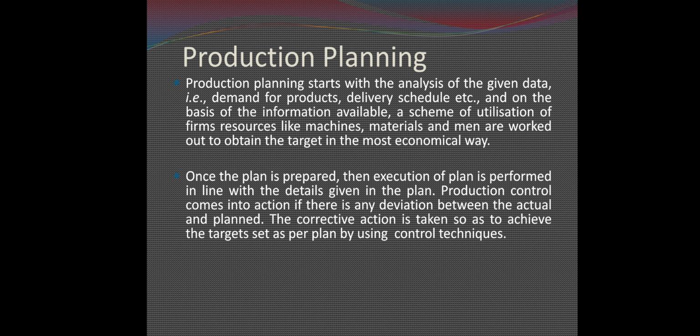Everybody knows planning means making a plan about the future, making schemes and policies for the future. Production planning starts with the analysis of given data, such as demand for products and delivery schedule. On the basis of the information available, a scheme for utilization of the firm's resources like machines, materials and men is worked out to obtain the target in the most economical way.